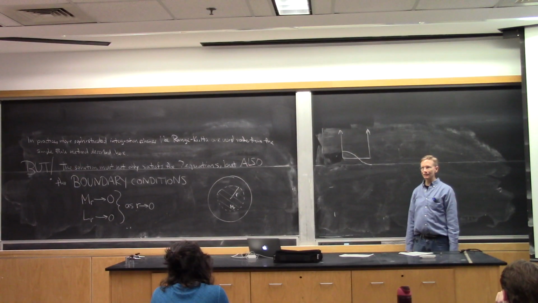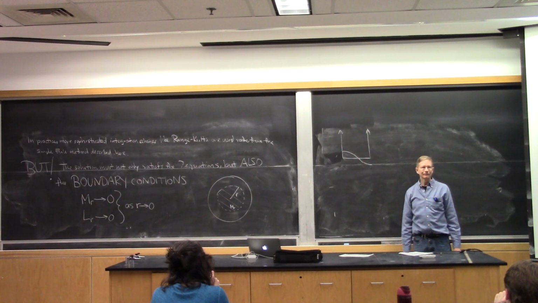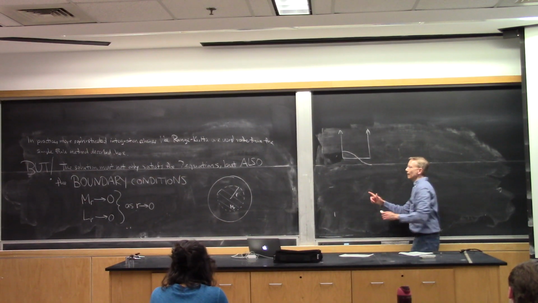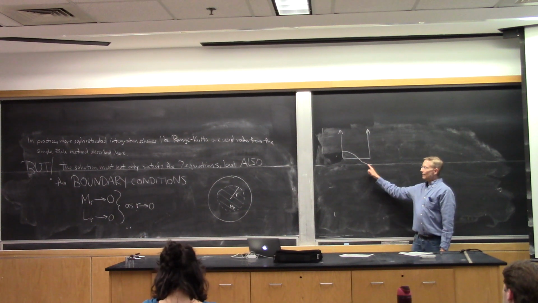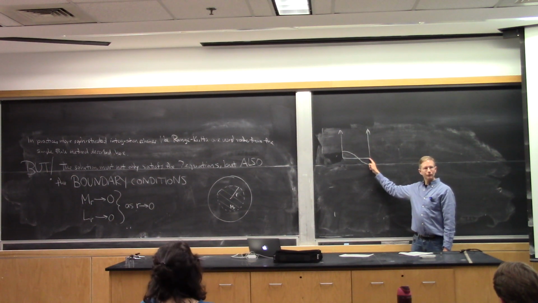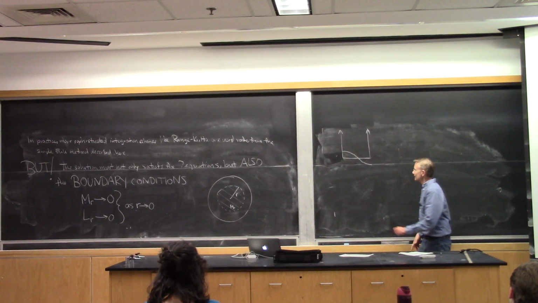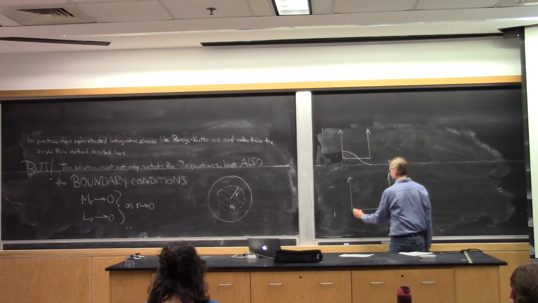What are the boundary conditions? What does the wave function have to do on the edges of the infinite square well? It has to be equal to 0 on the edges, because the wave function, you may recall, is 0 outside the well, and it has to match up at the boundaries. So this satisfies the Schrödinger equation, but not the boundary condition that psi has to be 0 at the two edges of the well. And so that means that the only allowed solutions are these guys, right?